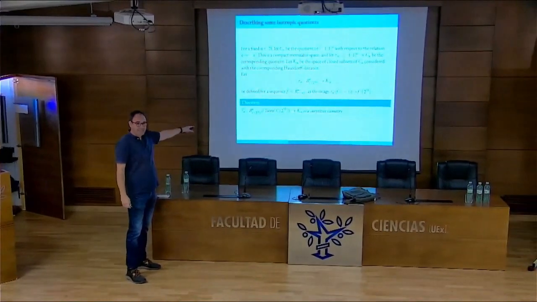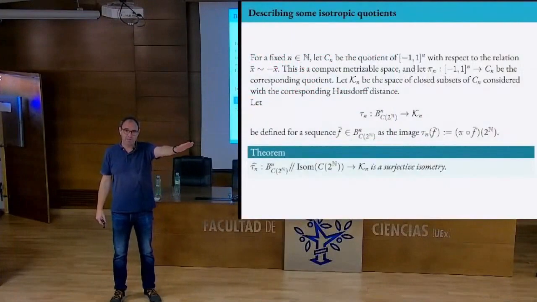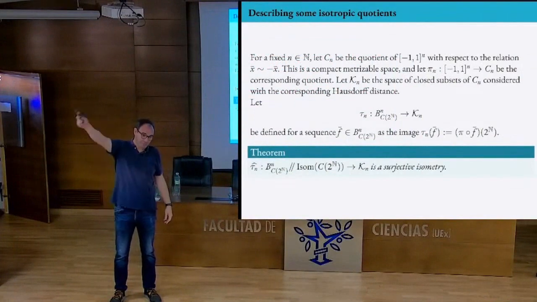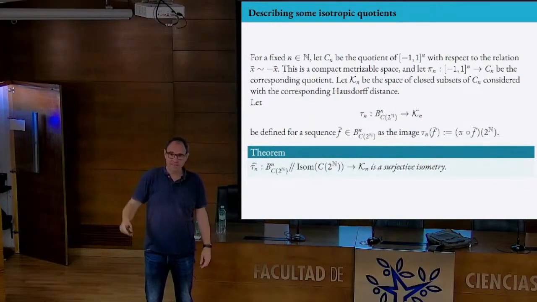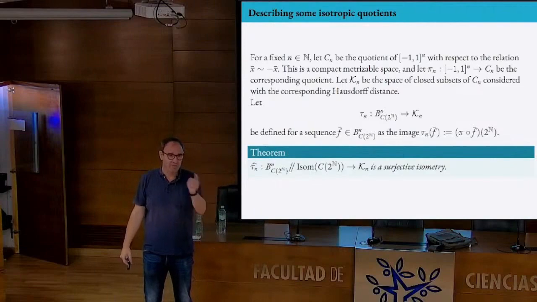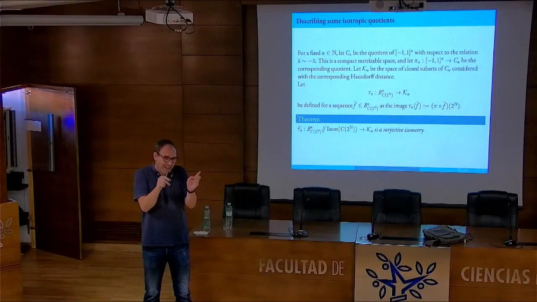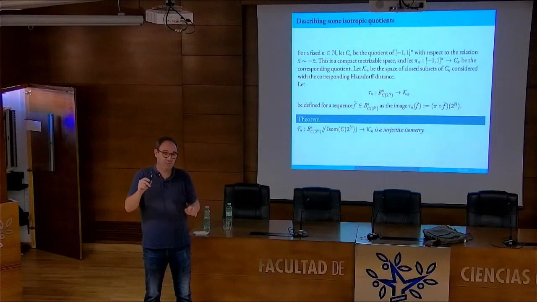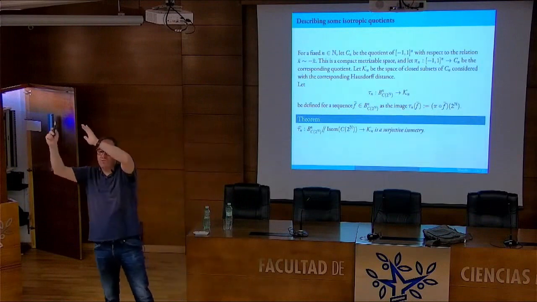So if I want to understand when I can move n many points to another n many points, what I need to do is take the image, quotient out by x equivalent to minus x, and then I know that for every epsilon there will be an isometry moving this to another. Not only that, but I know exactly how close I can move the sequence fj's to gj's: I know exactly how close the images are, and vice versa.